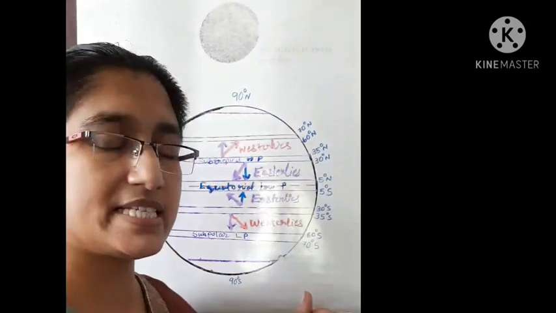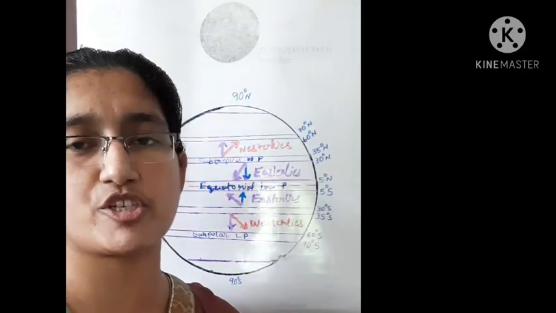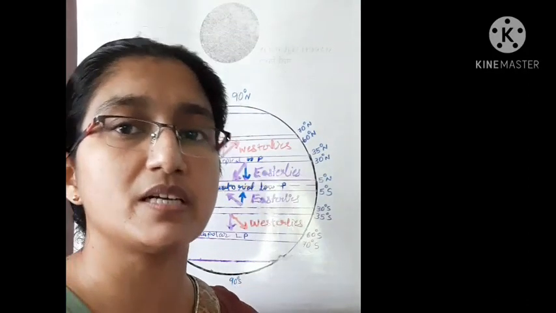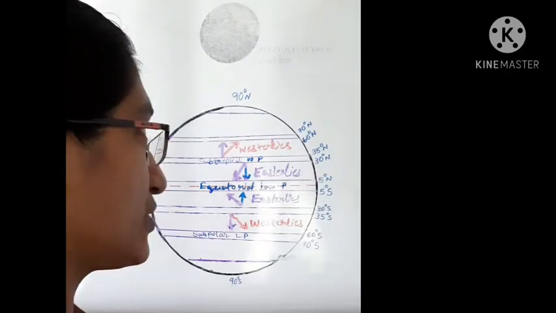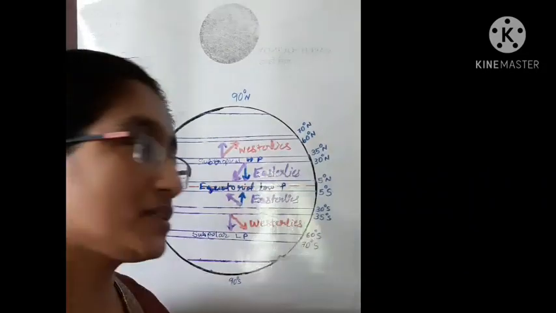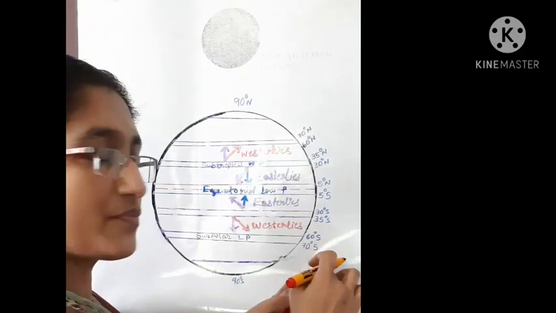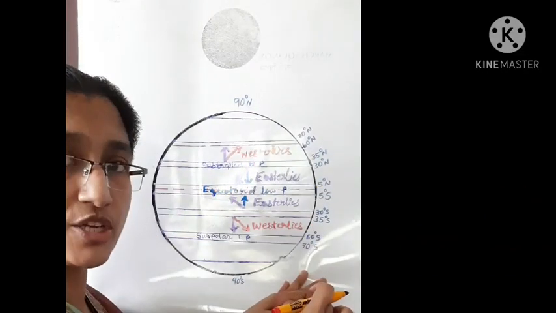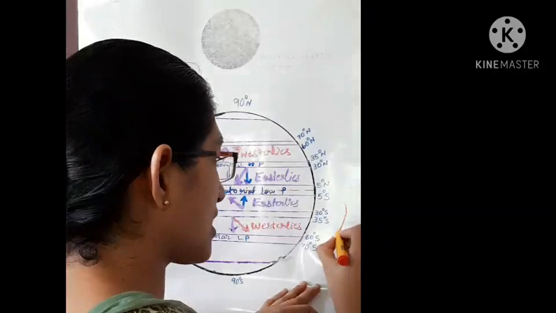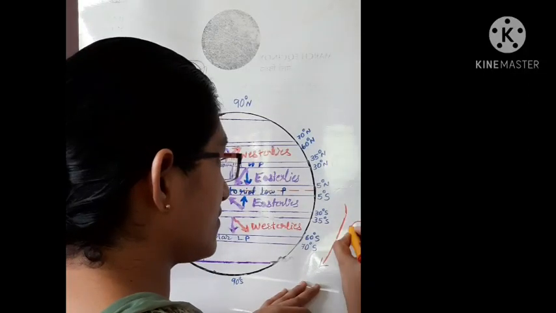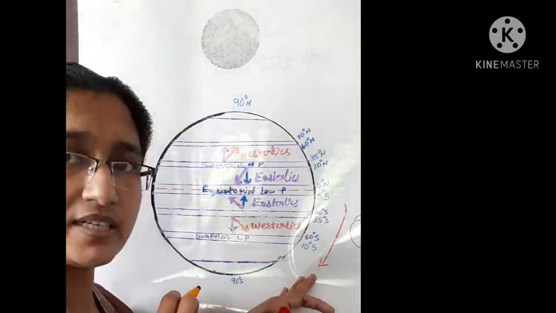These westerly winds, due to the shifting of the pressure belt, lead to winter rainfall. In the winter season, the pressure belts move towards the south, because the sun will be overhead of the southern hemisphere.